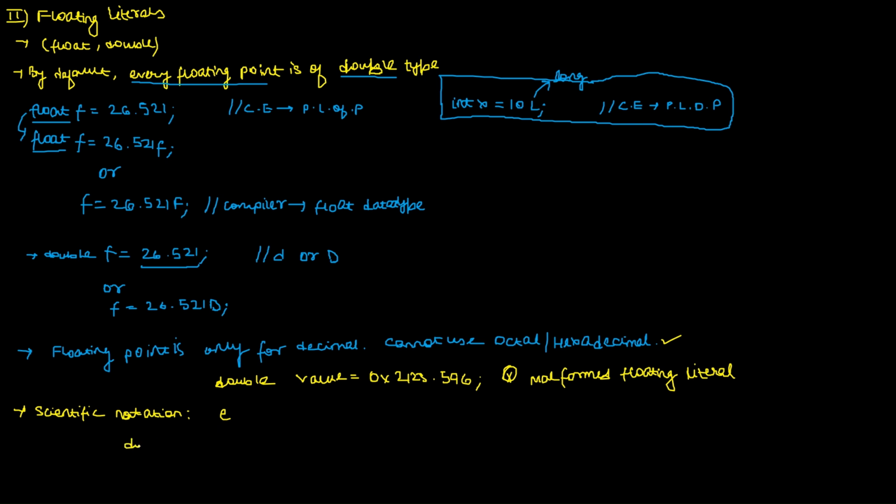Let's say you are writing double d = 1.2e3. The value that d would store is 1200.0. So, what does e mean? E means times ten to the power of whatever you write after e.